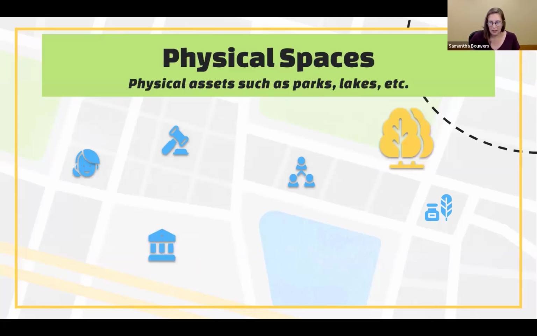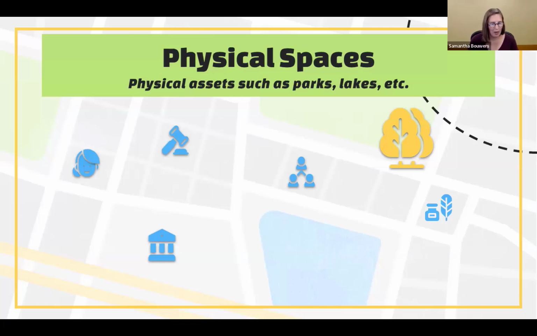The next category of asset listed here is physical spaces, which is another one I love when we think about asset mapping for small and rural communities. Almost every town has a park of some sort. Sometimes it's nice, sometimes it's not nice, but it does exist. Parks are something I would also put on Sibley's asset map, to keep using my hometown as an example.